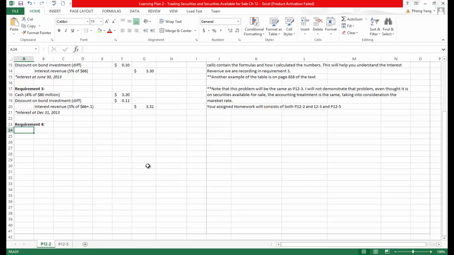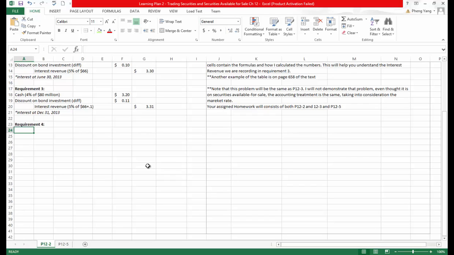Okay. So first of all, I want to just say that Fuzzy Monkey reports its investment in the December 31st, 2013 balance sheet at its fair value of the $70 million for this case.